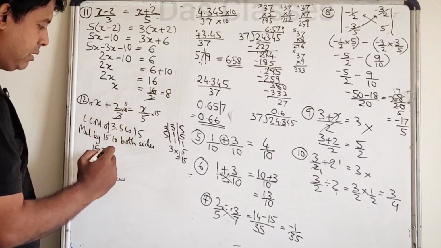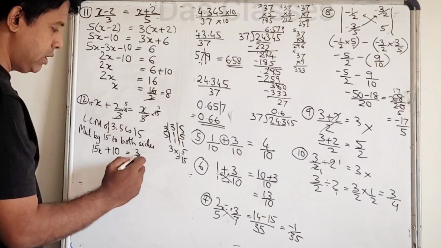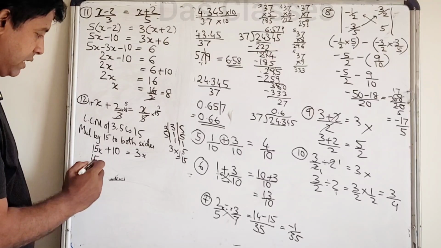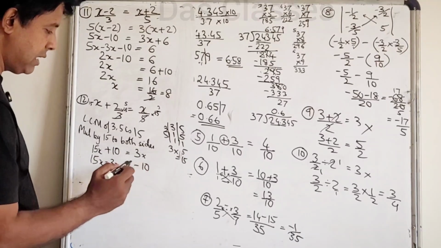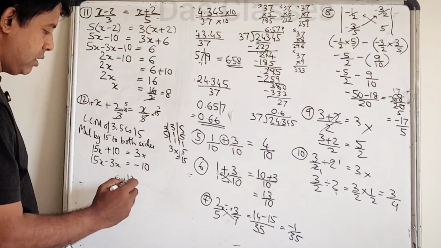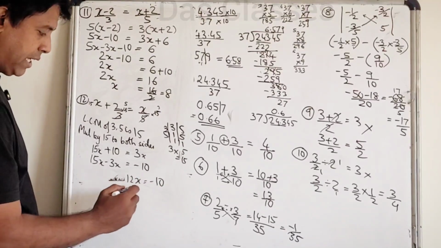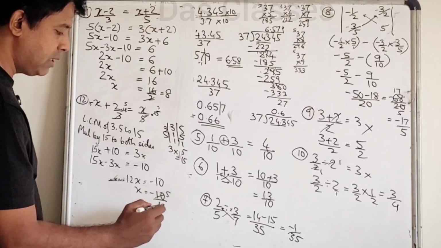So when I'm going to do that, what I'm going to get is 15 into x is 15x, 3 5s are 15, plus 10 is equal to 5 3s are 15, is equal to 3x. So 3x comes this side, 15x minus 3x, and 10 goes to the other side, so plus becomes minus 10. So 15 minus 3 is 12x is equal to minus 10. Now x would be minus 10 upon 12, that is 2 5s are, 2 6s are.